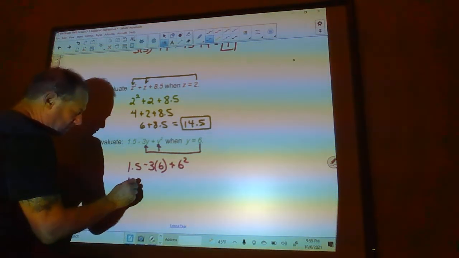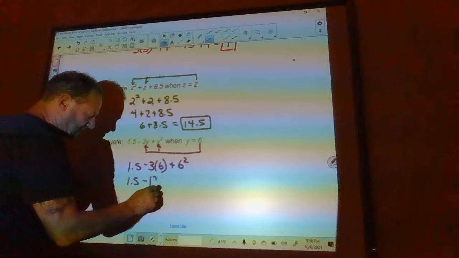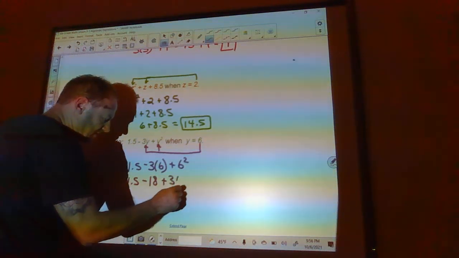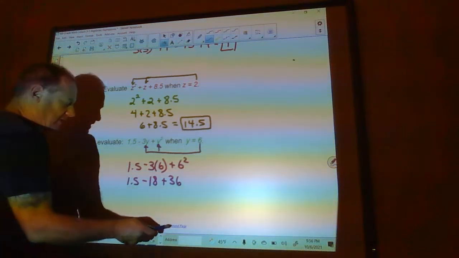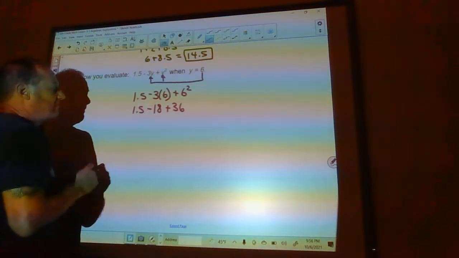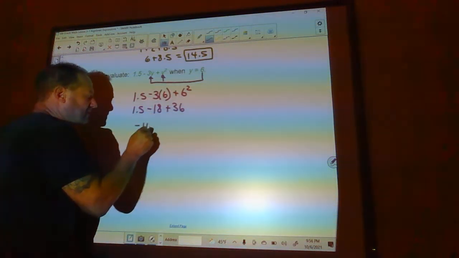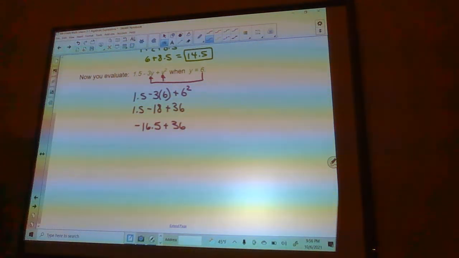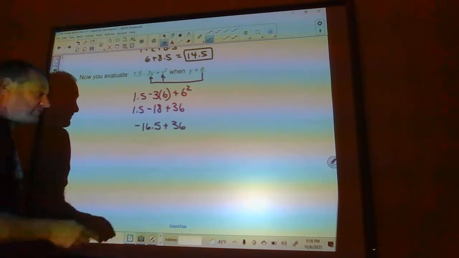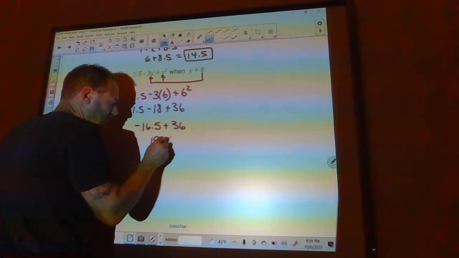So this would be 1.5 minus 18 plus 36. Now we're going to work from left to right. So 1.5 minus 18 is going to be negative 16.5 plus 36. And that's going to be 19.5.